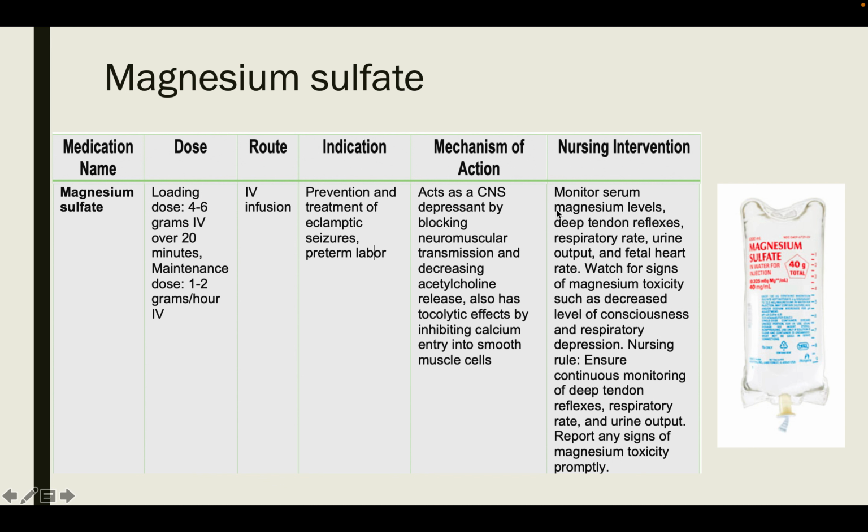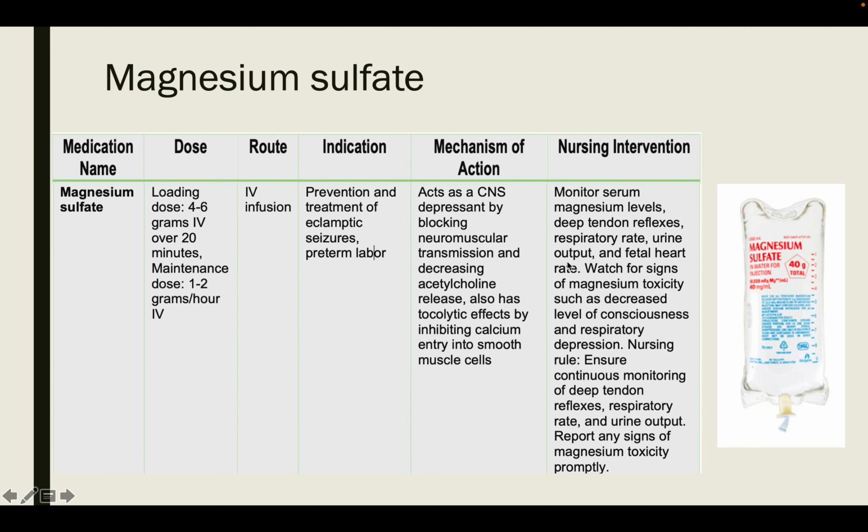We send the blood sample to the lab to check the level of this medication in the system. We need to check the deep tendon reflex frequently to make sure it's within normal. Respiratory rate is also important, since one of the side effects of toxicity is decreased respiratory rate, so we have to check the RR and make sure it's within normal range.